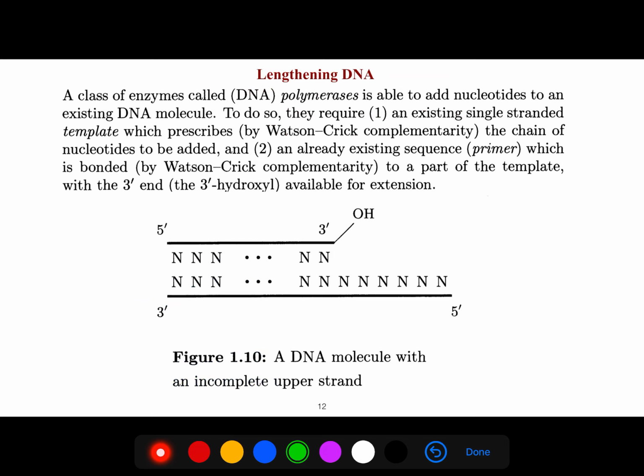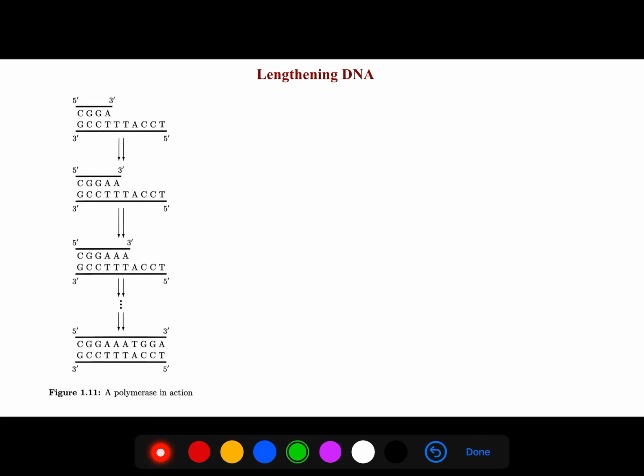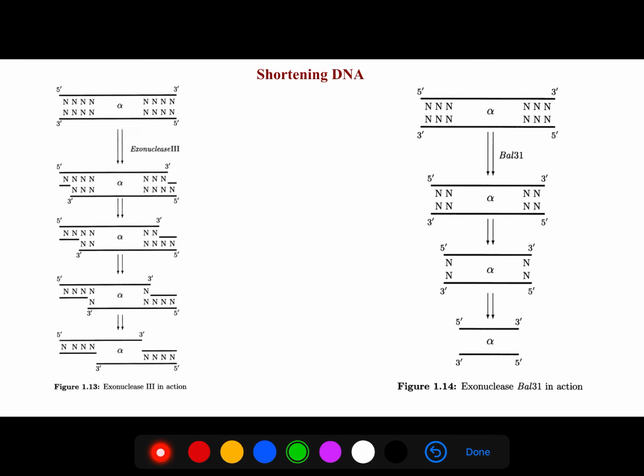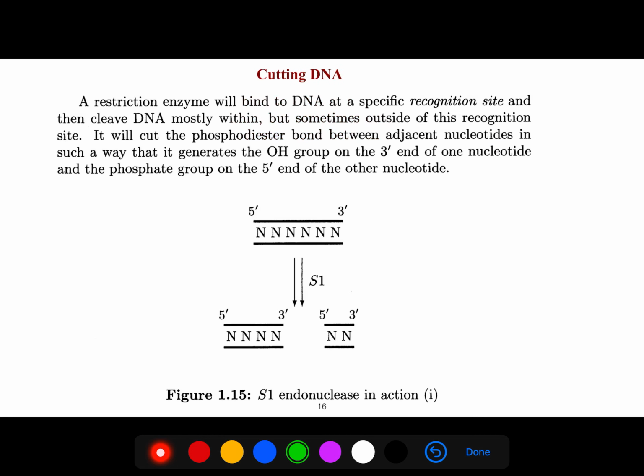Or you can even lengthen your DNA with some operation. You can see all of these are chemical operations that are happening. And you're lengthening your DNA. Or sometimes you're doing the opposite, you're shortening it. You can make it smaller and smaller. So these codes, using some chemical operations, you will see that they will shorten and shorten.